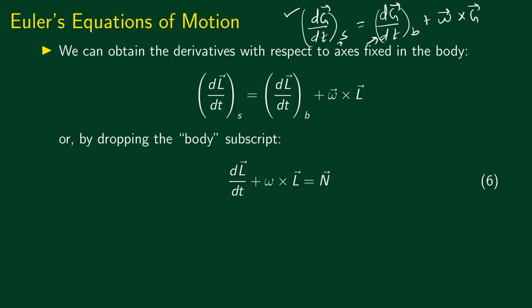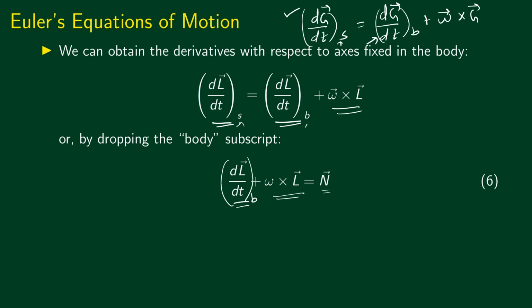So using this, dL vector by dt in the space set of axes can be written as dL vector by dt in the body set of axes plus omega vector cross L vector. And with this, the equations of motion become dL vector by dt plus omega vector cross L vector is equal to N vector. So we have dropped the b subscript here.